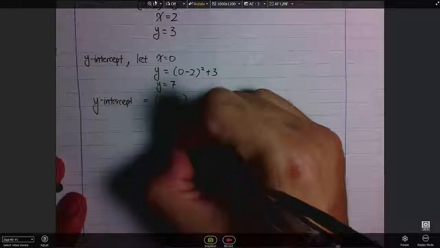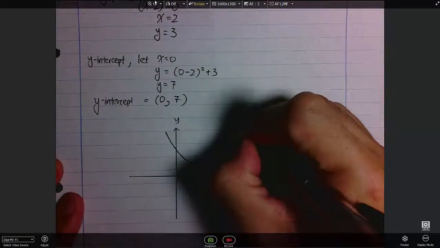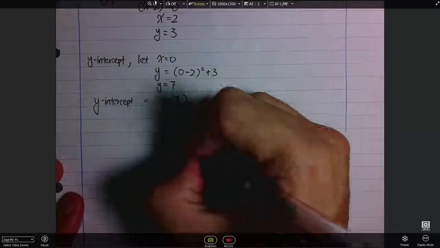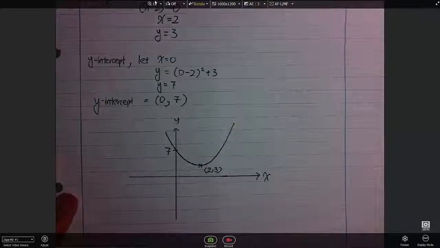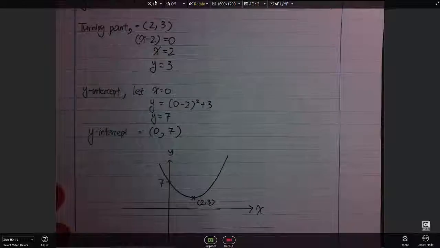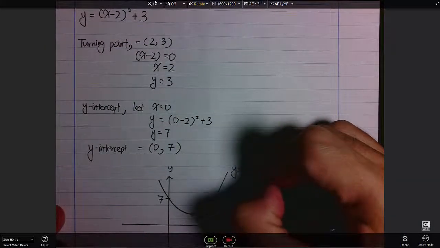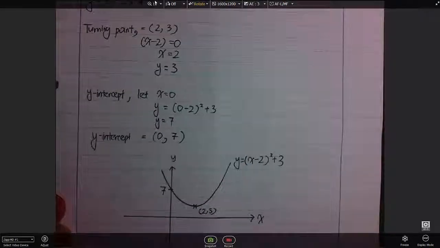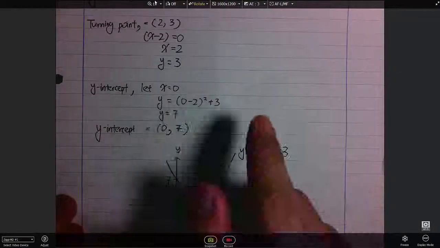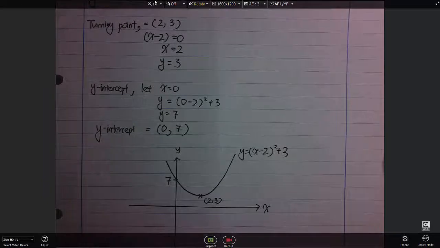Then I sketch, and I label my y-intercept here as 7. That is my graph of y equals (x minus 2) squared plus 3. So you notice, always turning point, y-intercept.